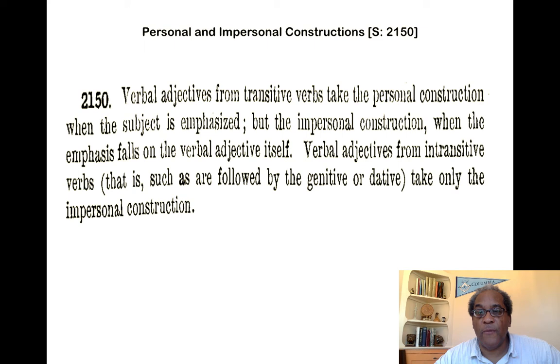Verbal adjectives from intransitive verbs, that is, such as are followed by the genitive or dative, take only the impersonal construction. Now that's a little hard to unpack, but the main thing we're moving towards is that you have these two different constructions, personal and impersonal, and these we'll look into more closely with numerous examples in the second part of this explication.